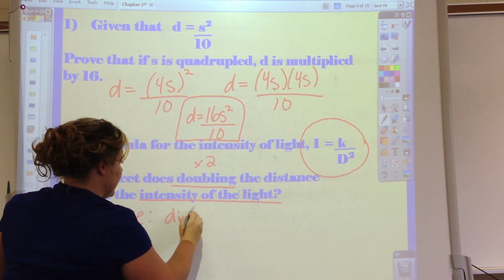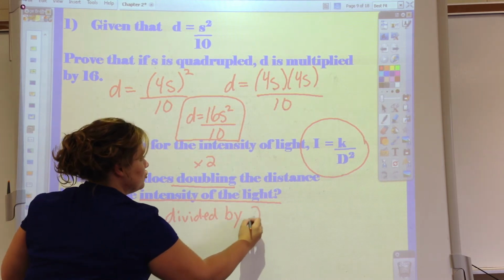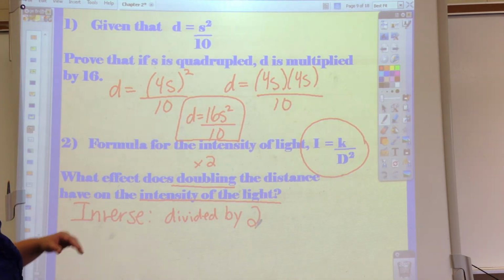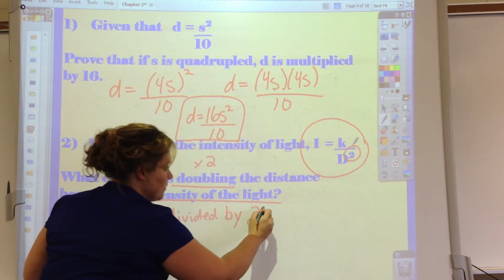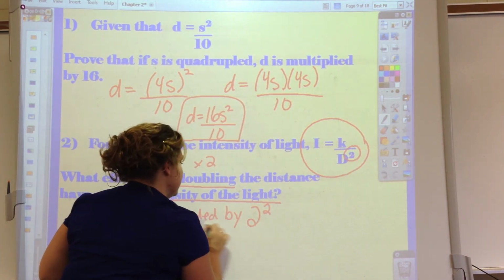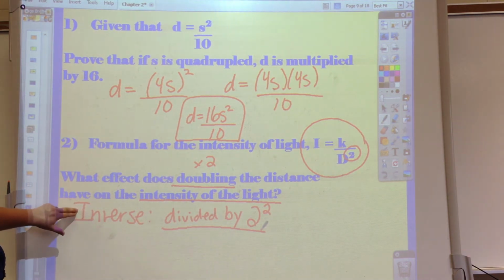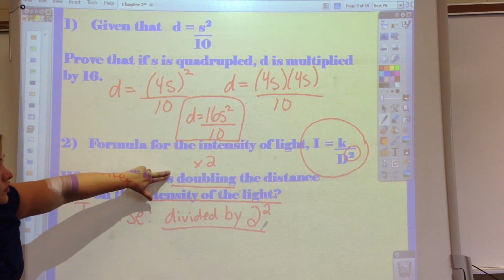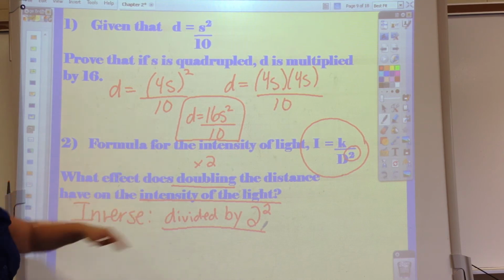So I'm going to say divided by 2. And it's not just 2. Remember, we need to take into consideration the power. So it would be divided by 2 squared. So since it's an inverse variation equation, since I'm multiplying d by 2, I gets divided by 2 to the power of 2.